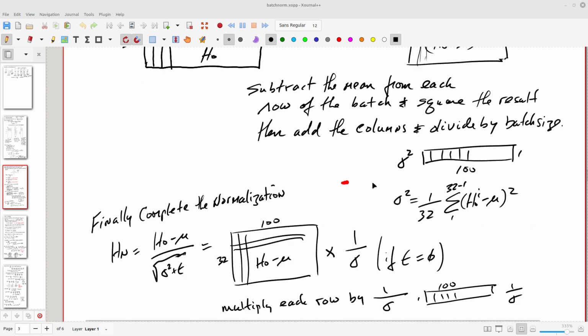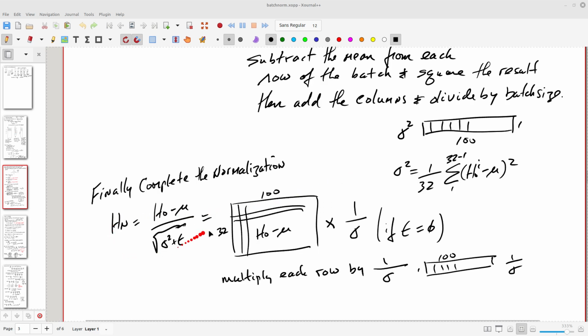So we end up using, again, this formula here to complete the normalization. So there's how we complete the normalization. And we multiply each row by 1 over the standard deviation. That's if epsilon is 0, of course.